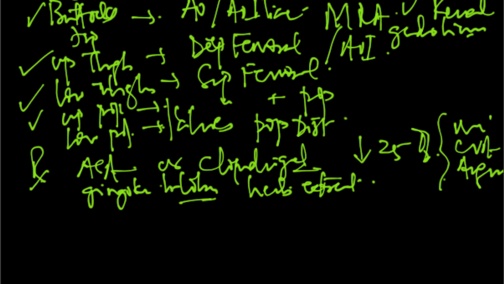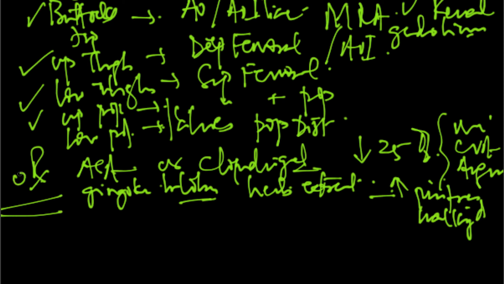And Ginkgo biloba has been shown to improve the pain-free walking duration. Remember, the intermittent claudication lessens. So if the patient is walking on the treadmill, and normally was able to walk only 3 to 6 minutes, now is able to walk further and further, say 8 minutes or so. So Ginkgo biloba has been shown to help.